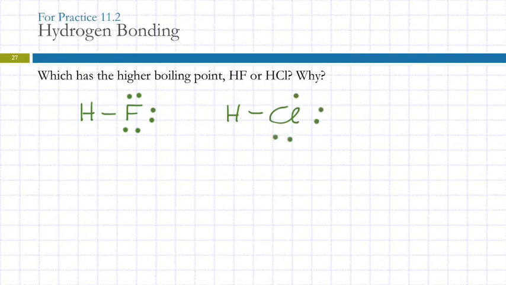They are similar molecules, right? If you're asked to compare boiling points, you're going to look at what types of intermolecular forces these compounds have, and that involves identifying, are they polar or not? So are these molecules polar? Yeah. They're both two different elements, so we can assume they're polar. So they're both polar.